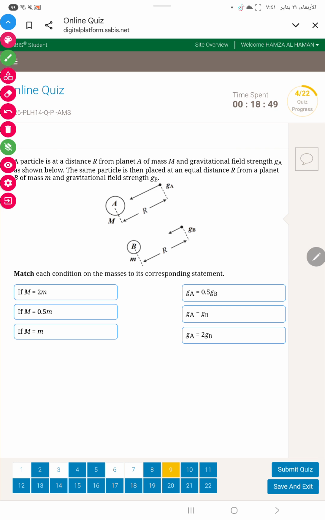A particle is at a distance r from planet A of mass m and gravitational field strength Ga as shown below. The same particle is then placed at an equal distance r from a planet B of mass m and gravitational field strength Gb. Match each condition on the masses to its corresponding statement.